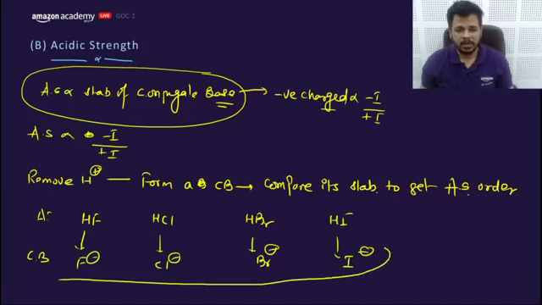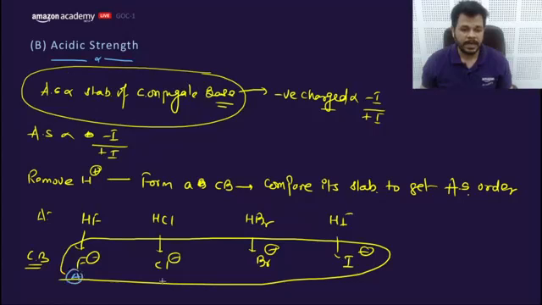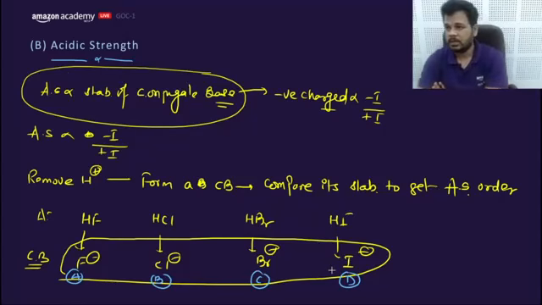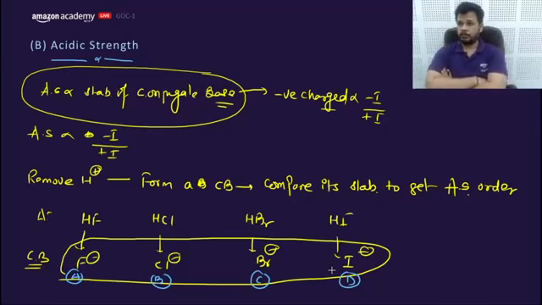Compare the stabilities of these four conjugate bases which are negatively charged. Can anyone compare the stability? Which is the most stable negative charge here: F minus, Cl minus, Br minus, or I minus?